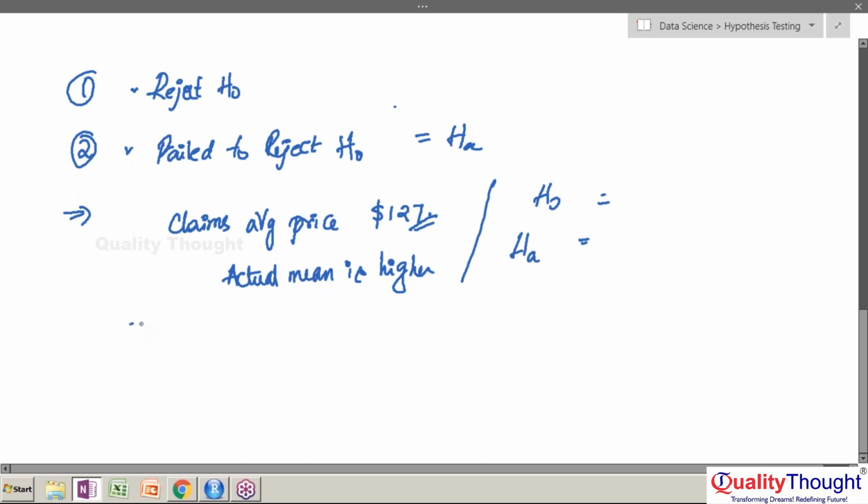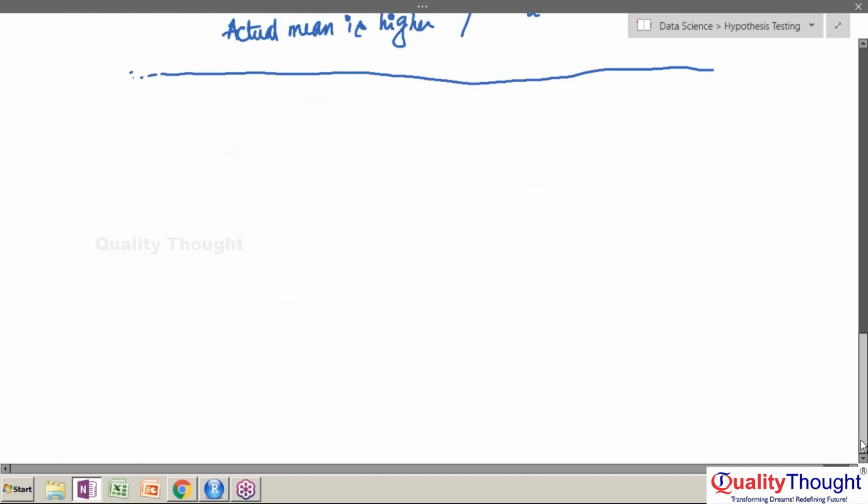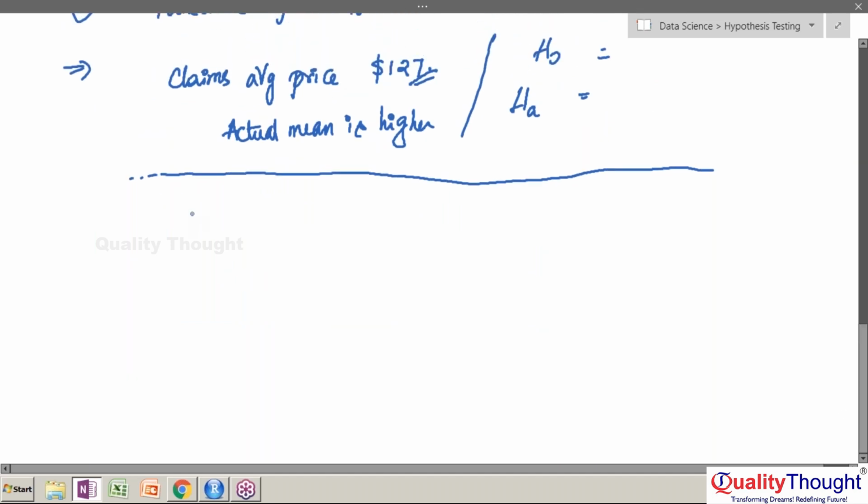So the null hypothesis is mu equal to 127. The alternate hypothesis is that the students group are thinking that it might be greater than 127. Understand?